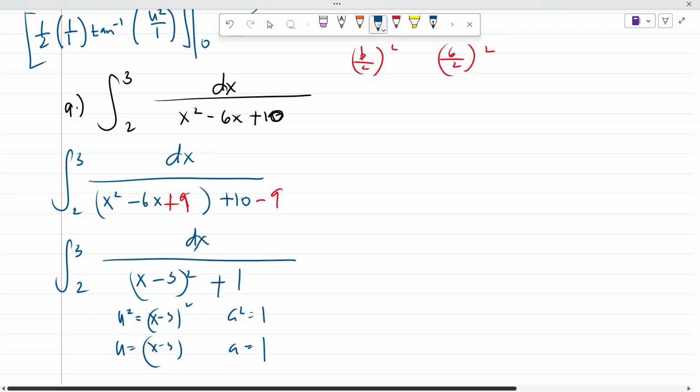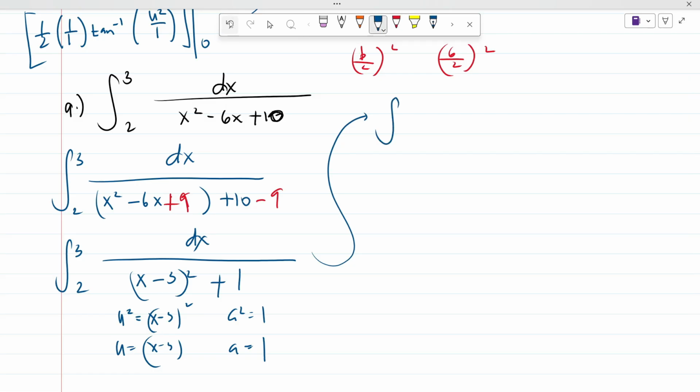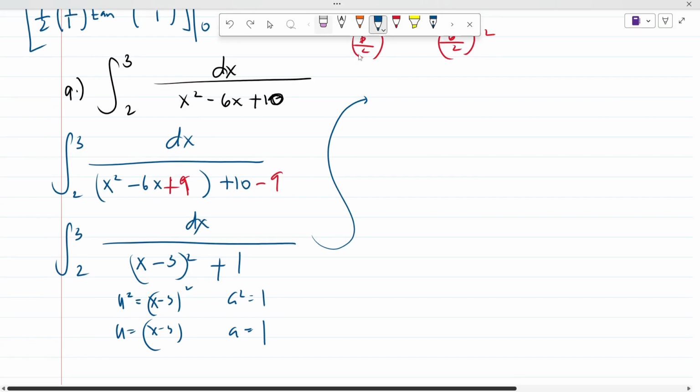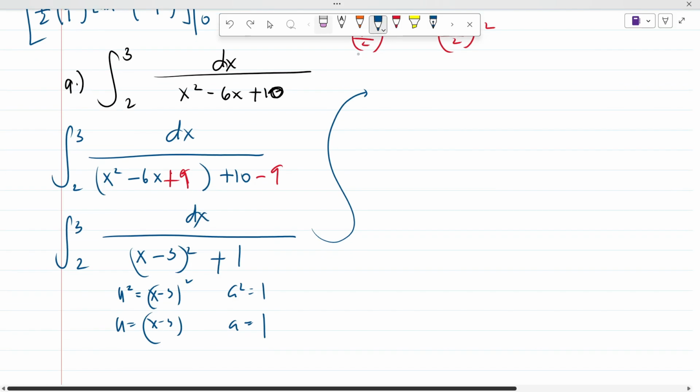Next that, wait. Integral of 3 all over 2 yan, guys. Wait. Ito, guys. So, the derivative of u is du, which is equals to dx.